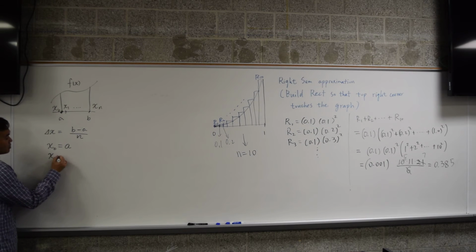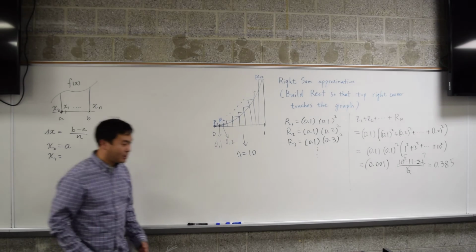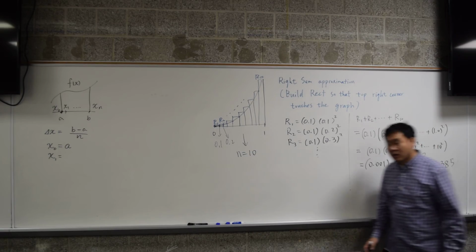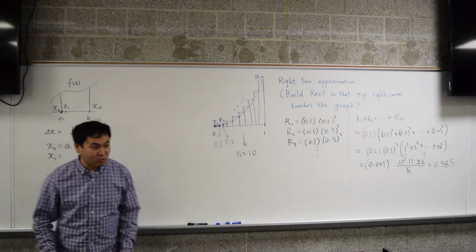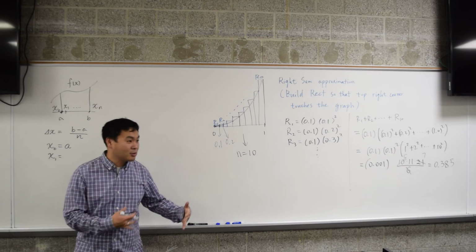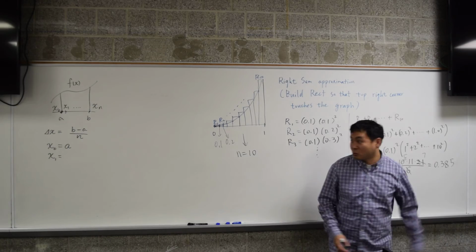What is x1? Well, this delta x is the step size, right? So I start from one side, which is A, and I start walking towards the other side, which is B, right? And every time I walk to the next step, my step size is how much? Delta x. So I walk delta x, delta x, delta x, and then I eventually reach the right side.